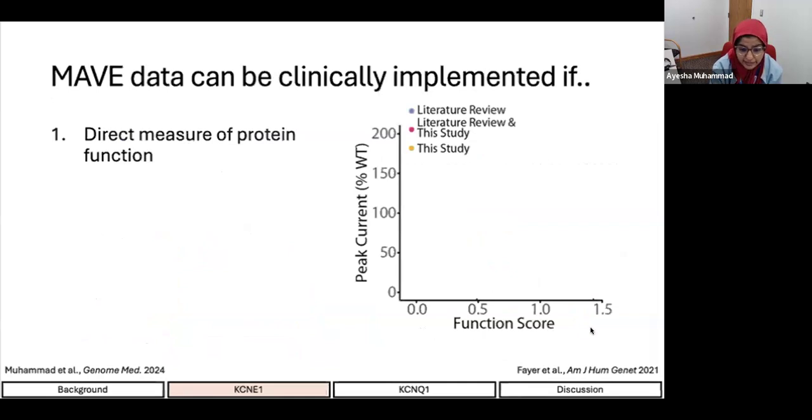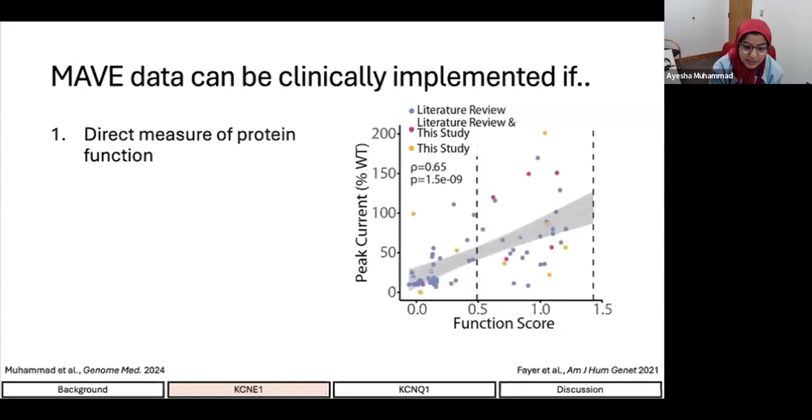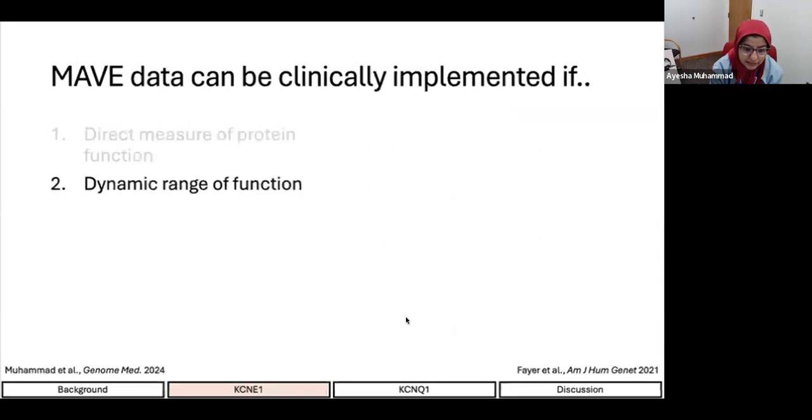Here on the x-axis, I have the function scores, and on the y-axis, I have the peak current, which is basically the electrophysiological gold standard way of measuring the potassium conductance through the IKS channel. You'll notice that the correlation between our function scores and our peak currents is pretty robust.